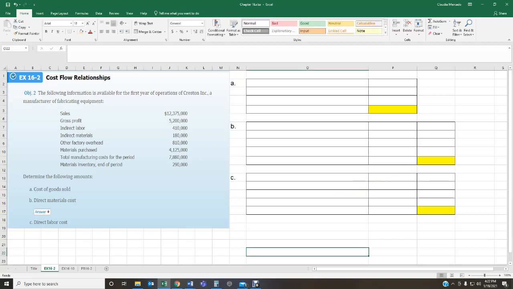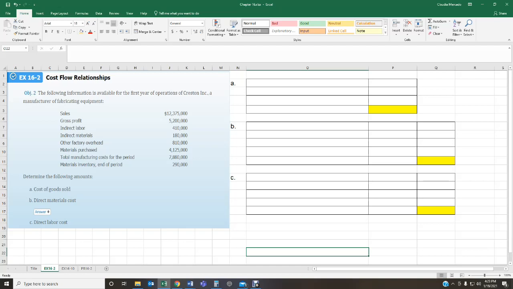Gross profit of $5,200,000. Indirect labor of $410,000. Indirect materials of $180,000. Other factory overhead of $810,000. Materials purchased of $4,125,000. Total manufacturing costs for the period of $7,880,000. Materials inventory end of period $290,000.